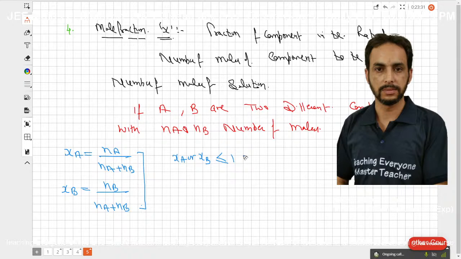In this case also, the sum of the mole fractions of each component is equal to 1. This is how we can find the mole fraction.